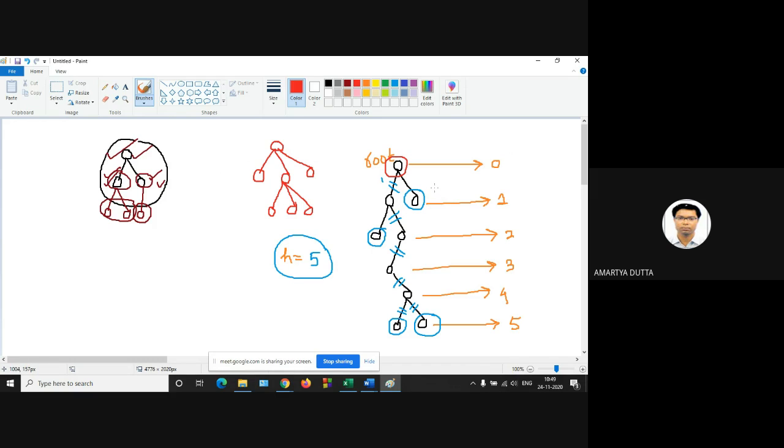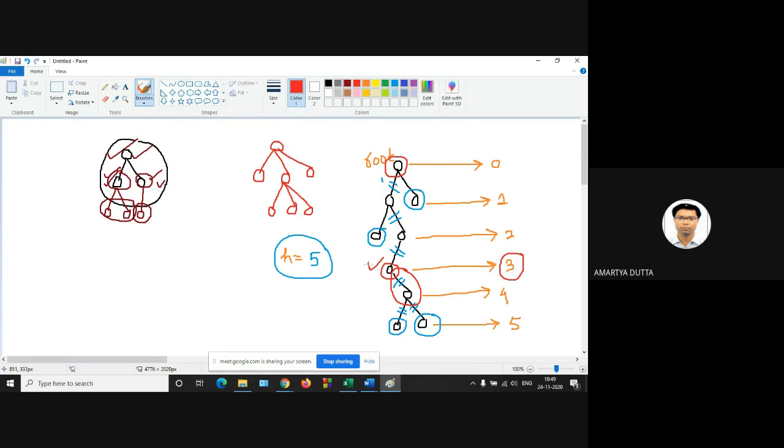Why? Because two nodes are connected with the root node. So what is the degree of this particular node at level 3? 1. Because only one node is connected with the node at level 3.